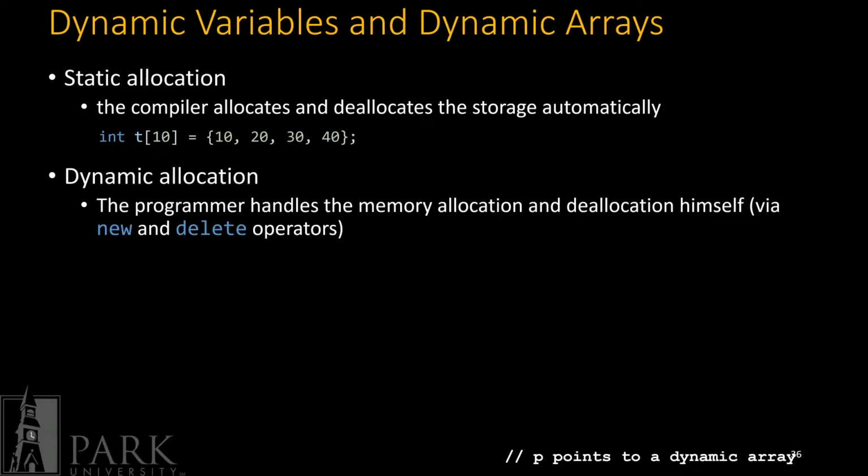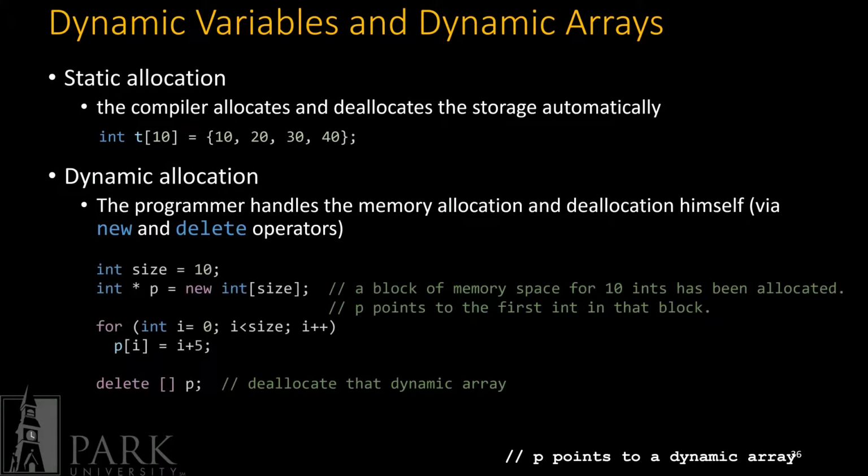For dynamically allocated variables, you, the programmer, handle the memory allocation and deallocation, and it's an awesome responsibility. Here we create a dynamic array of 10 spots using the new operator. The new operator will create a dynamic array of 10 ints by allocating memory space for 10 ints and return the address of the first element of the memory block.